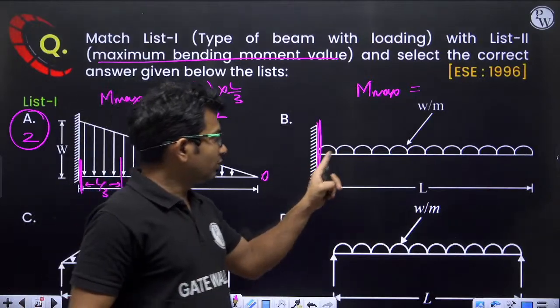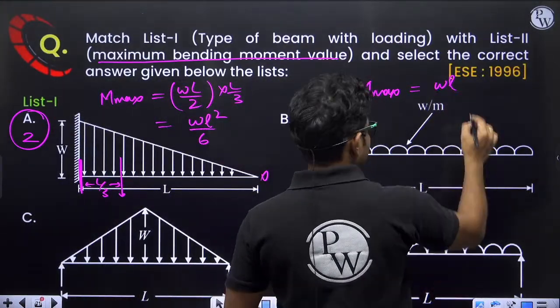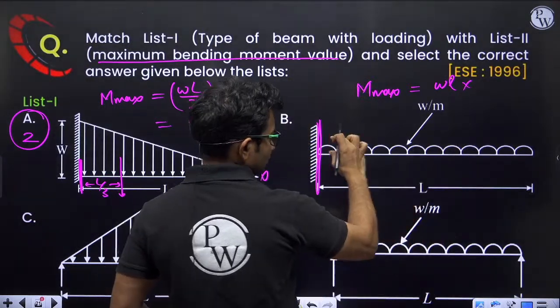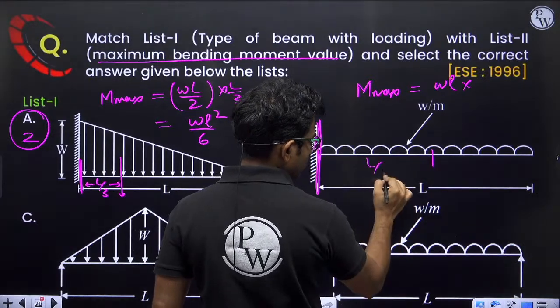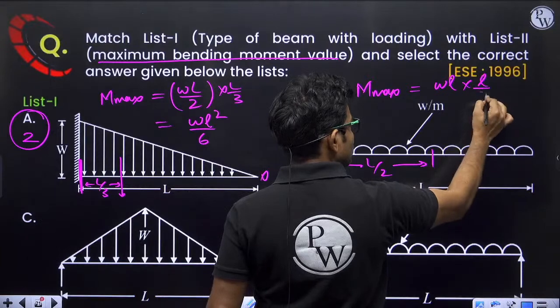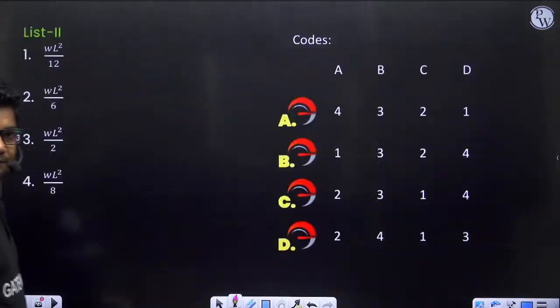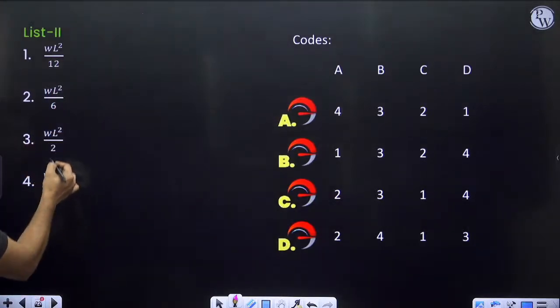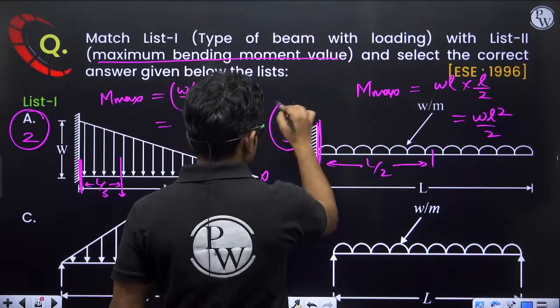Total load will be WL, and this is constant loading, so centroidal distance will be L by 2. So WL into L by 2, I'll be getting WL square by 2. So WL square by 2, 3. So for B, I'll be getting 3.